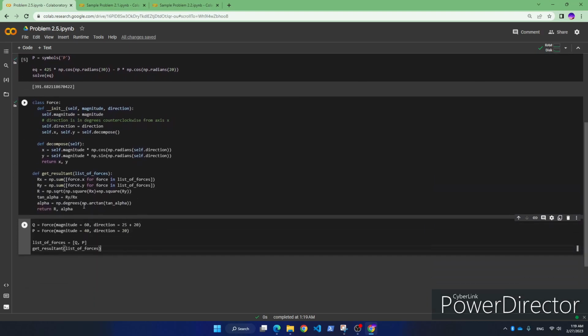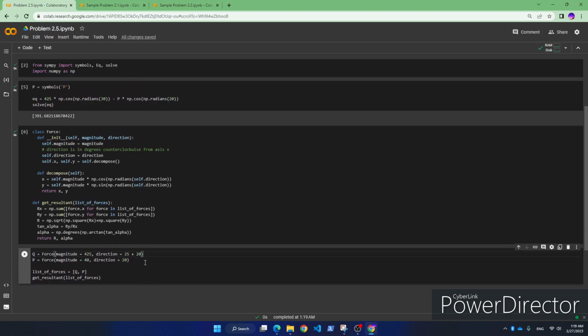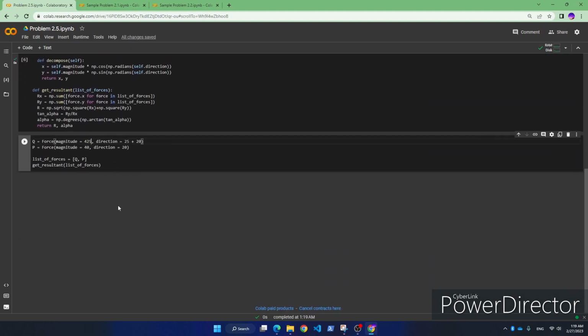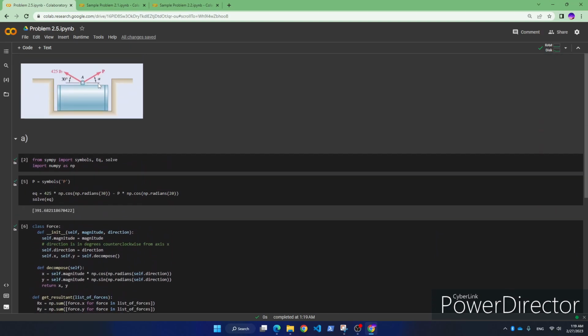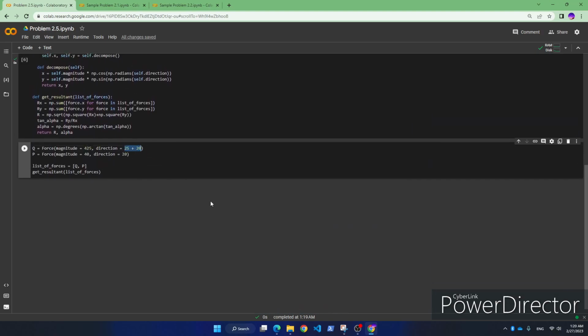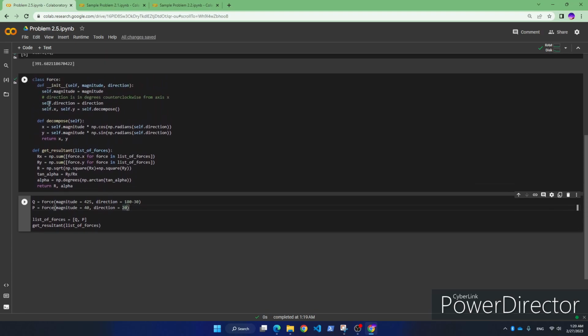So it will be 425. And the direction will be... So what the direction will be? 180 minus 30. Right? Because we're always taking the angle from the positive x-axis counterclockwise. And this one will be 20. And the magnitude, we just got it here.